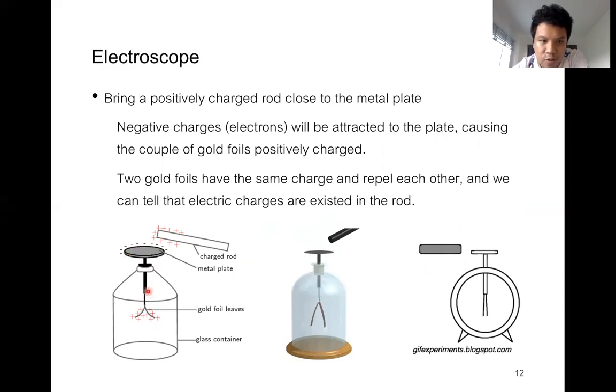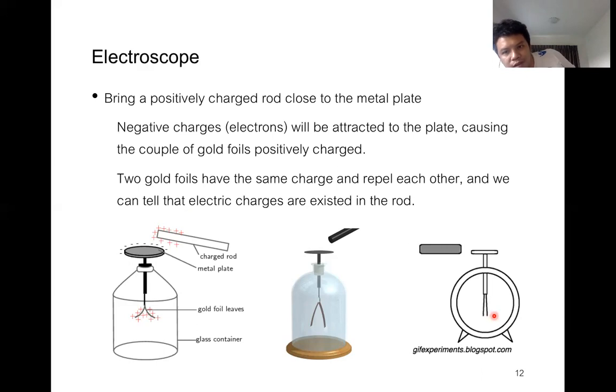So electrons will move up to the plate, so that they will be attracted by the positive charge. And then the gold foils lose electrons and become positively charged. When both of the foils have positive charge, they repel each other, and then they tend to separate.